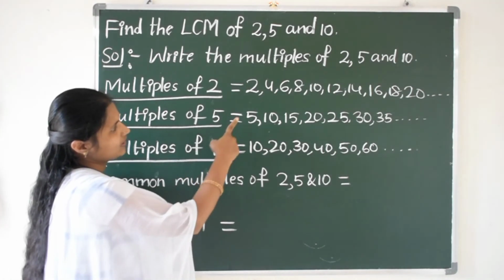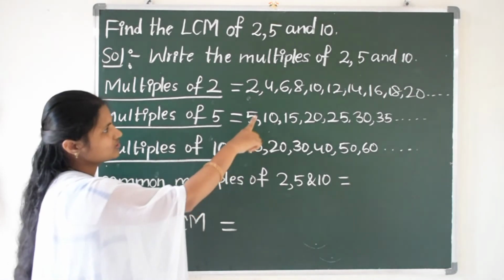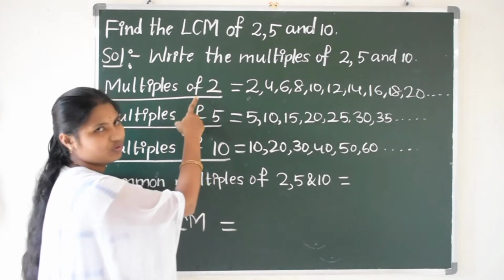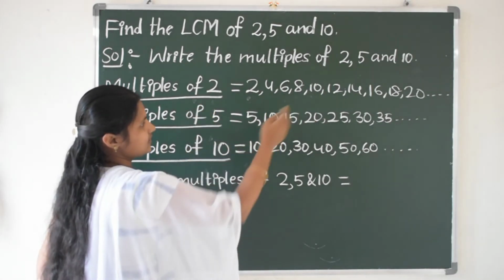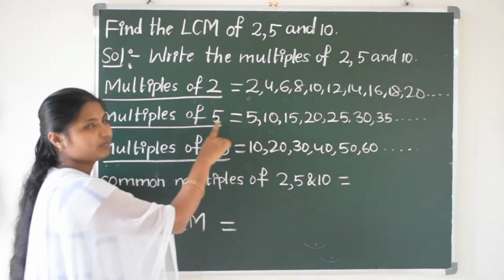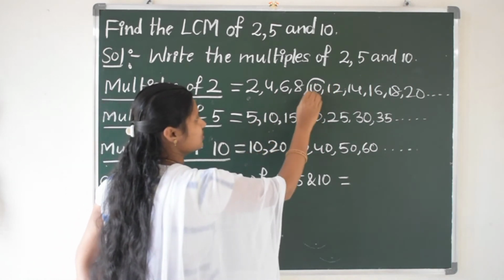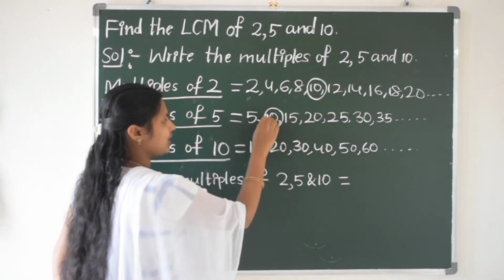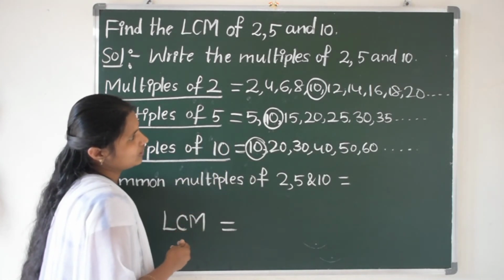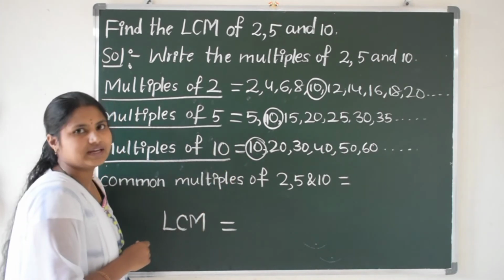See here. Yes, 2 is a multiple of 2 only. Next, 4 is a multiple of 2. Check again, 6 is a multiple of only 2. 10, see here. 10 is a multiple of 2, 10 is a multiple of 5 and 10 is a multiple of 10 also. So, circle this 10. Next, check 12, not there. 14, 16, 18.